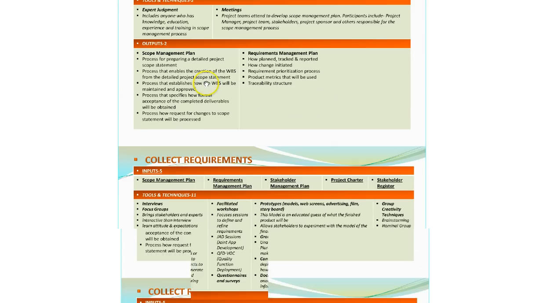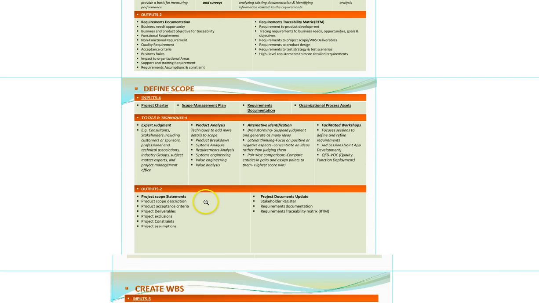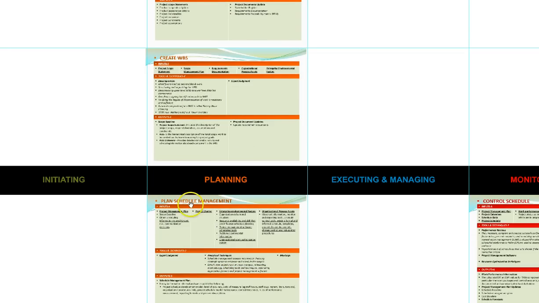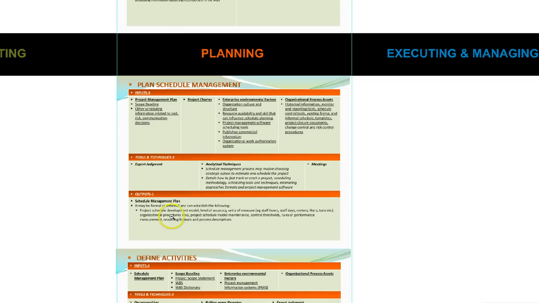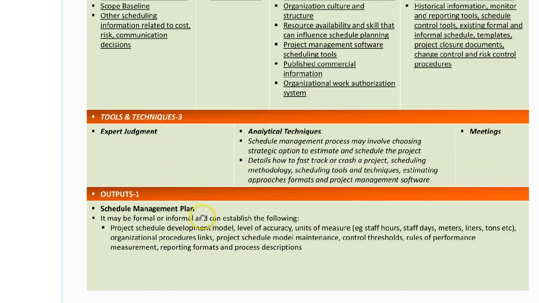If you go down to the next knowledge area, I will see plan schedule management. So what is the output of this? The output is the schedule management plan. Now these are all subsidiary plans of the project management plan.